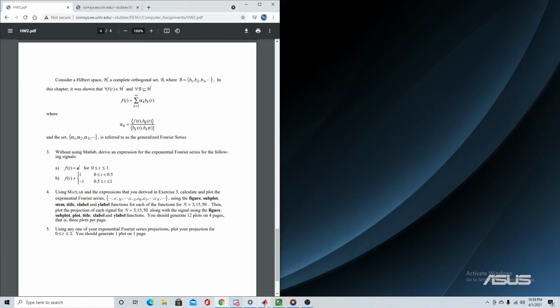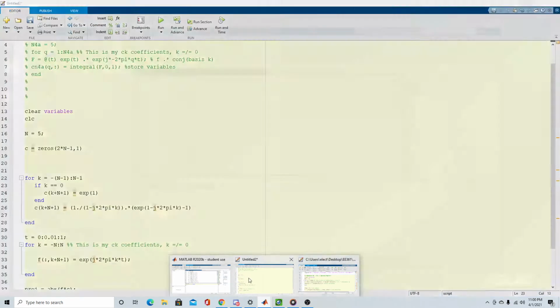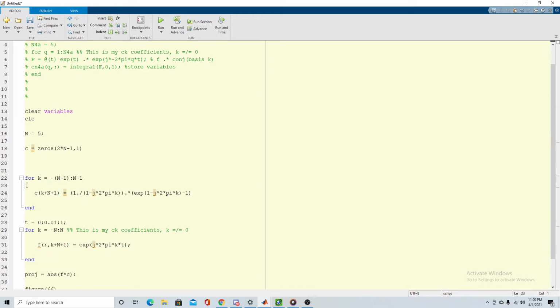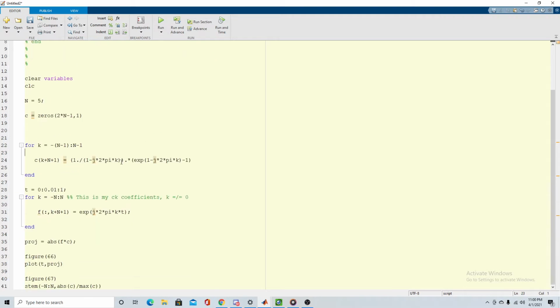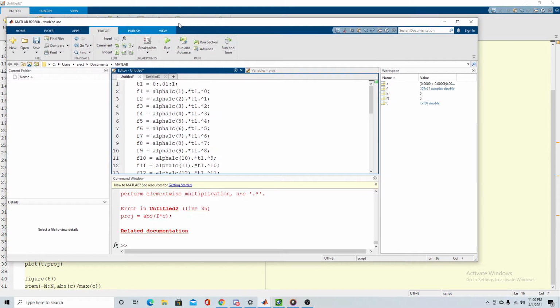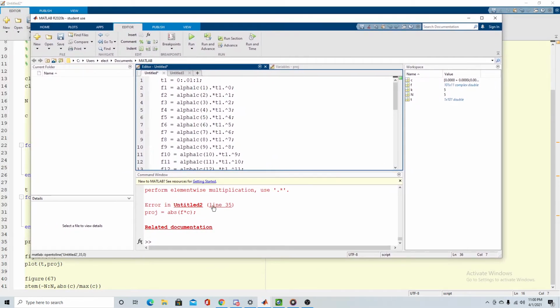Let me just check, because that's bothering me now. I think I made a mistake. Let's just run the section. Why do I have this right here? It's barking at me. It says to perform elemental multiplication.